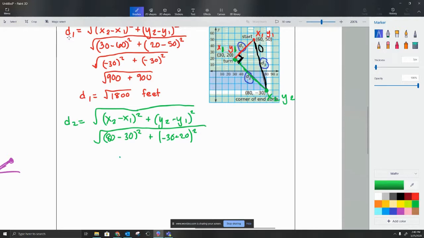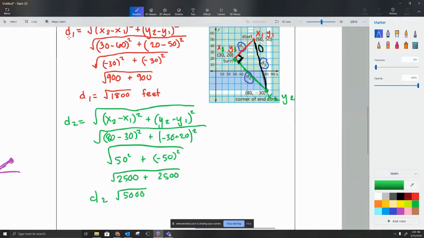So 80 minus 30 is 50 squared plus negative 30 minus 20 is negative 50 squared. Okay, so 50 squared, that's going to be 2,500. And then negative 50 squared is also positive 2,500. So we add those together, 5,000, and the square root of 5,000 represents D2. So your friend ran the square root of 5,000.